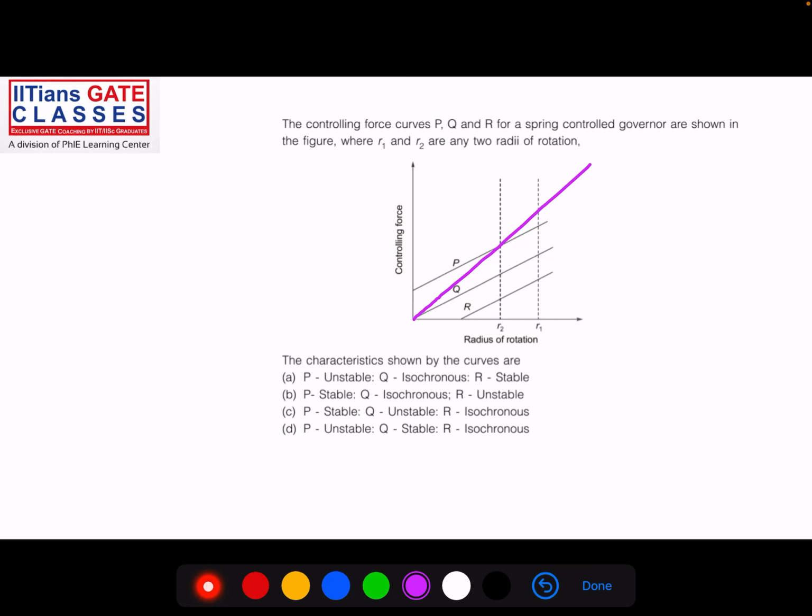So this is R1, this is R2. Basically this is N1 and this is N2. Here, because the slope of N2 is more, N2 is greater than N1.